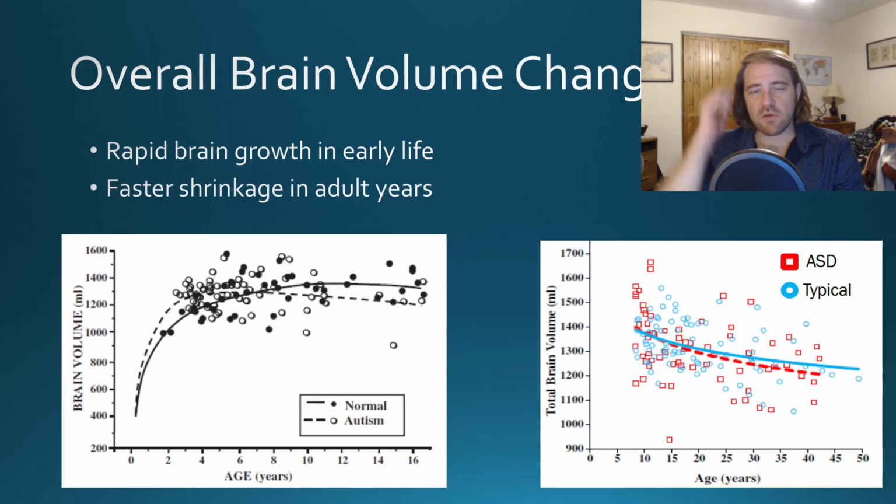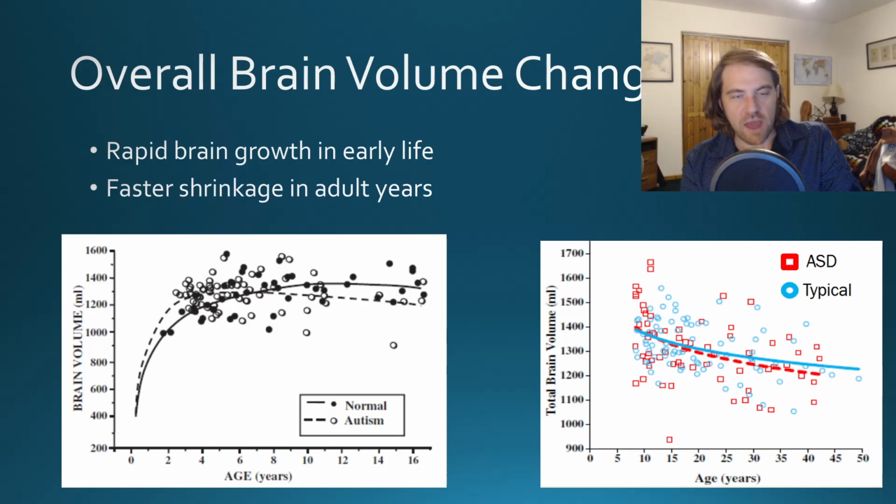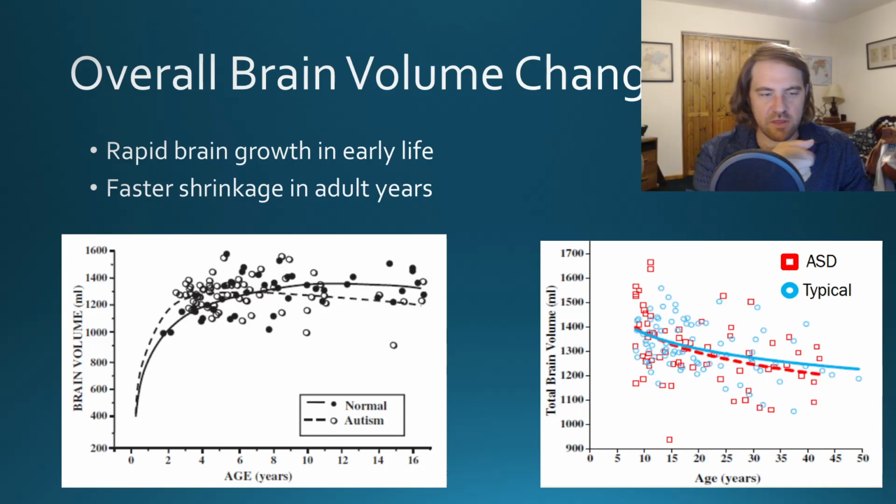We also see overall brain volume changes, not looking lobe by lobe. We can just see it in general. People with ASD tend to have a really rapid explosion of growth in the brain early in life. You can see that on the dotted line over there.